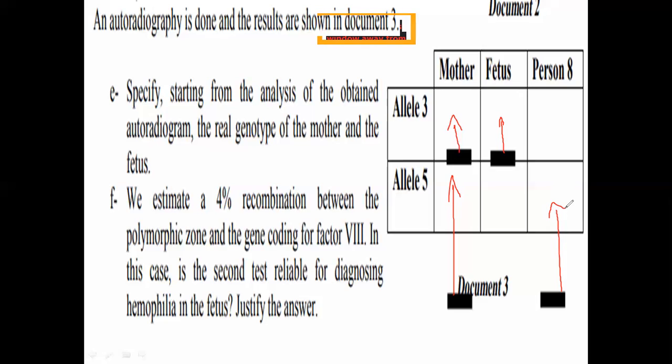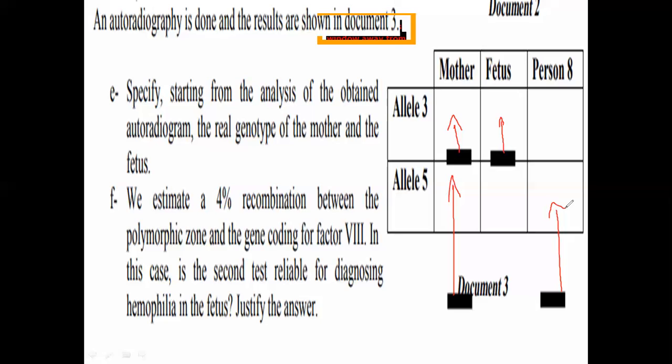So this one is, for example, XH, while the mother has allele 3 and allele 5, and the mother is 100% heterozygous. Why? The fetus has only allele 3, meaning it doesn't have allele 5, so the fetus is going to be normal.